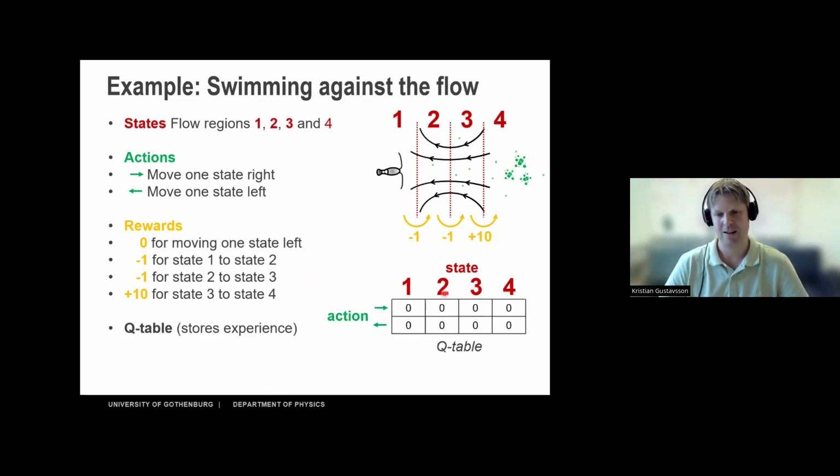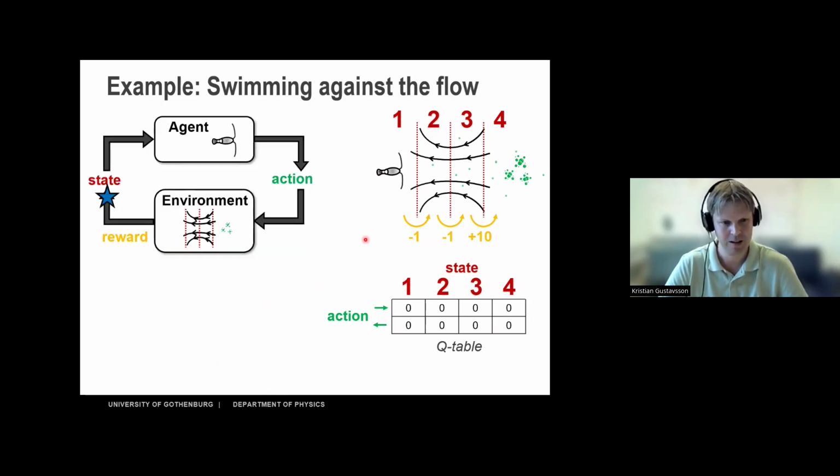And to keep track of what the agent or the copepod learns, we use something called a Q table. That's used to store the experience that this copepod accumulates by trial and error. Now I should just say that this is one way, the Q table.